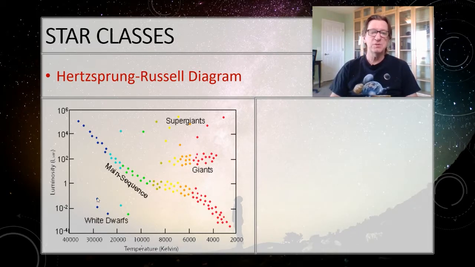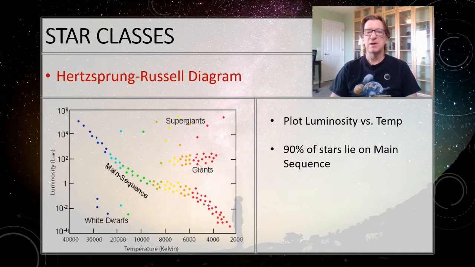All I'm going to do is put a dot for the top of the peak. Now I can plot hundreds of these. If I plot the luminosity on this side and the temperature on the x-axis here, we find that 90% of all the stars lie on this little strip of stars that we call the main sequence.